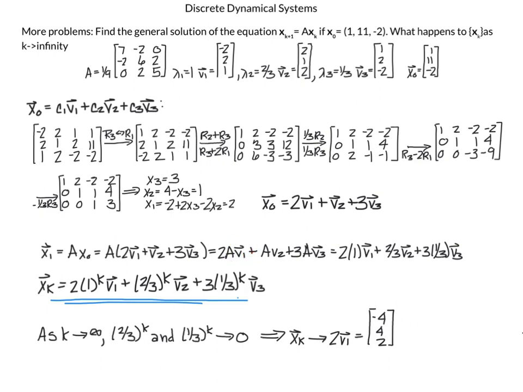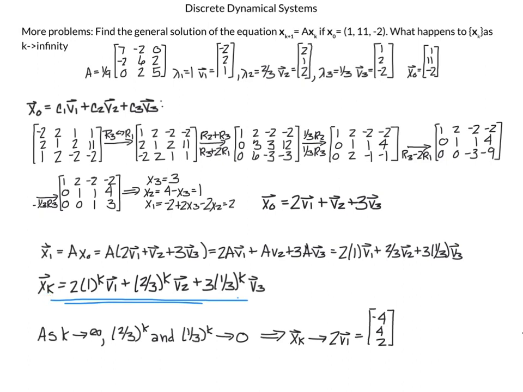Now because v1, v2, and v3 are all eigenvectors, this is equal to 2 times the eigenvalue 1 times v1, plus 1 times the eigenvalue 2/3 times v2, plus 3 times the eigenvalue 1/3 times v3. And then, of course, you can plug in your vectors v1, v2, v3.